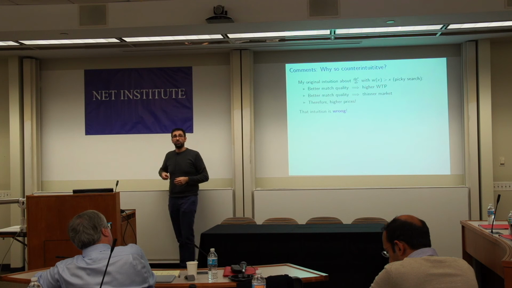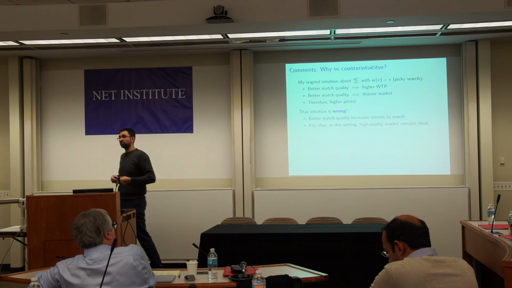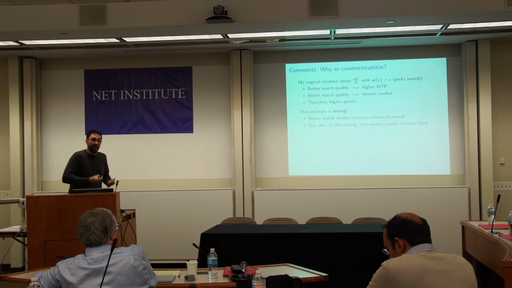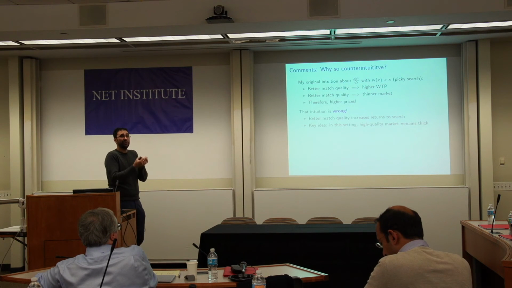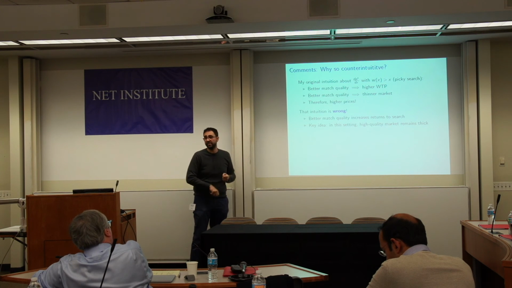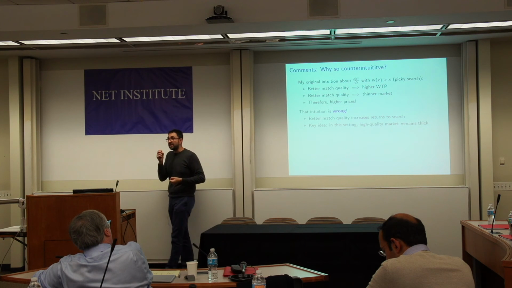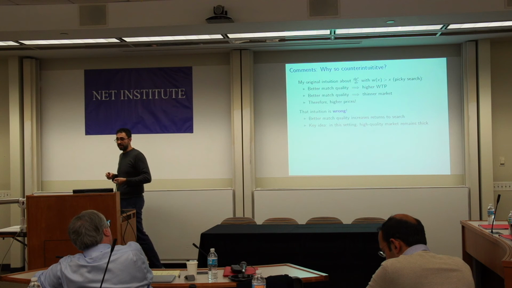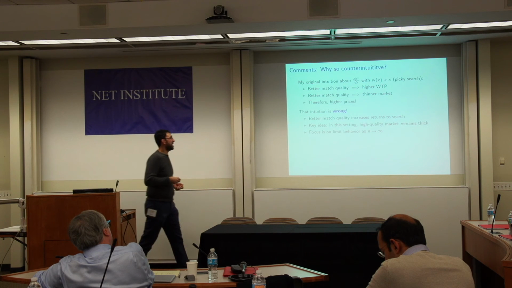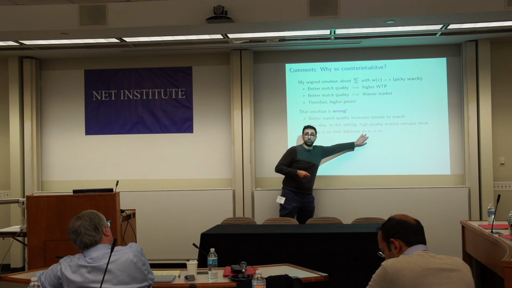This intuition is wrong. And the reason this intuition is wrong is because of what's happening in search: this better match quality is actually increasing the returns to continued search, and it's driving an increase in the elasticity of demand. And the key thing that's driving that in this paper is that this high quality market remains thick. Ultimately, the focus is on the limit behavior as the number of sellers grows large.